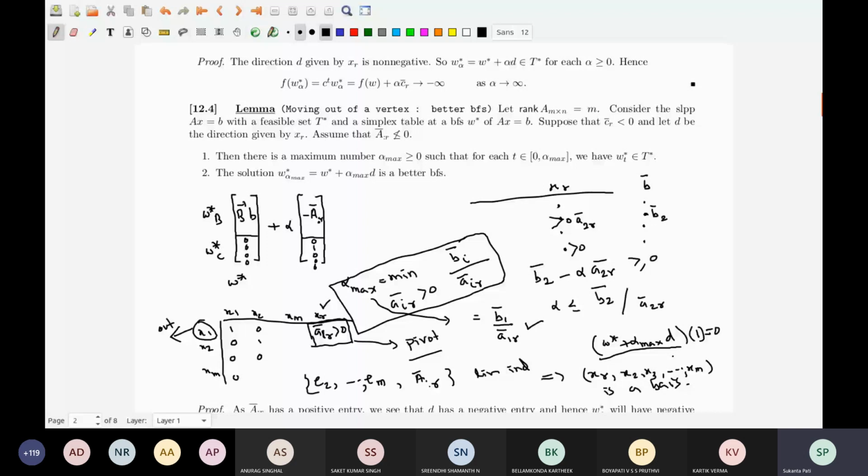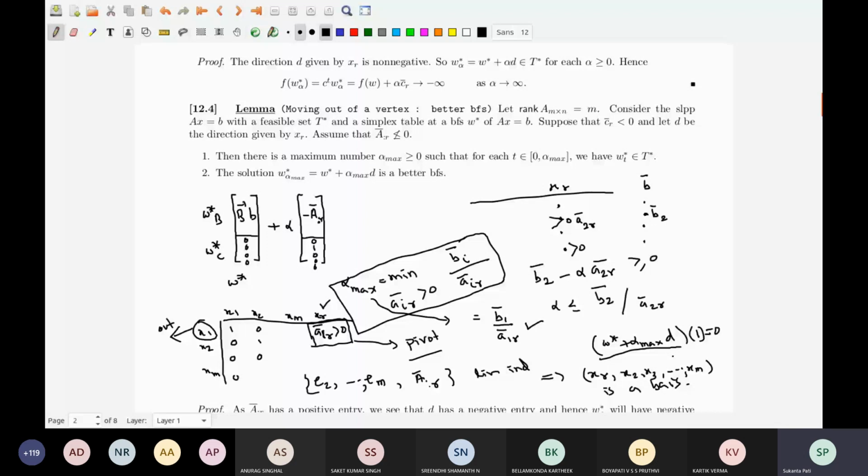So summarizing this, what happens now? If C bar is greater than equal to 0, conclude that it is minimum. If some entry C bar R is less than 0 and the corresponding column of the simplex table, that is A bar rth column, is less than equal to 0, conclude that the objective function is not bounded below.